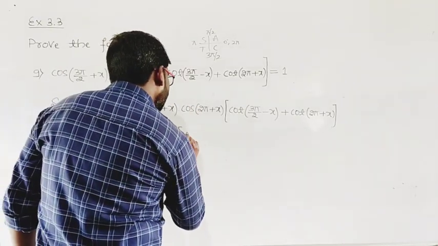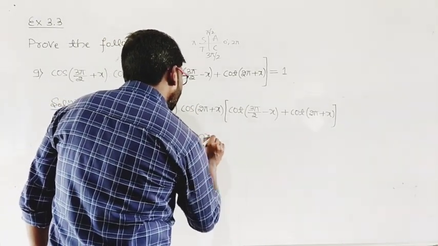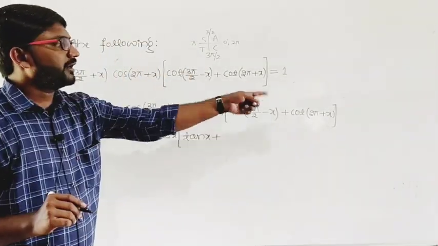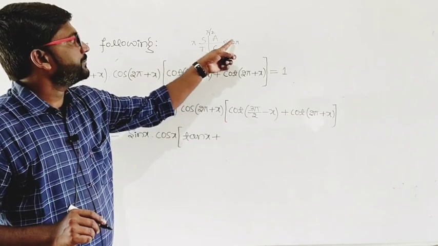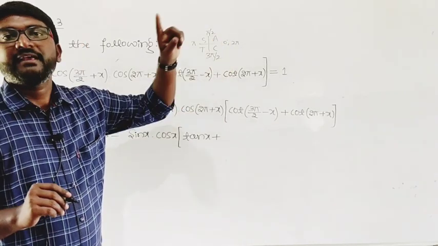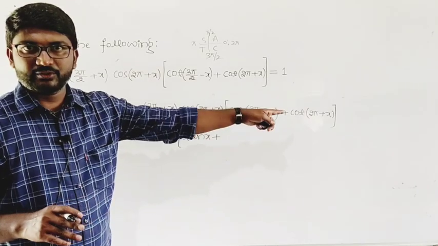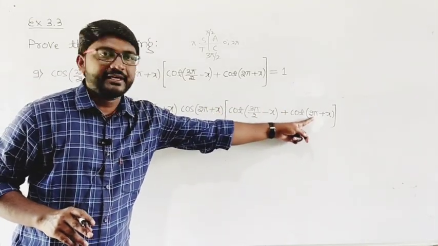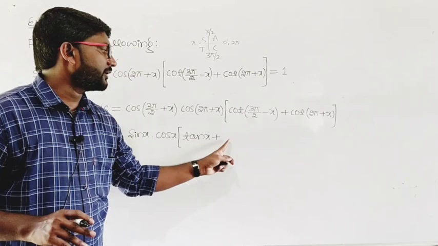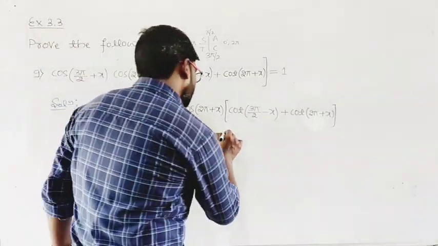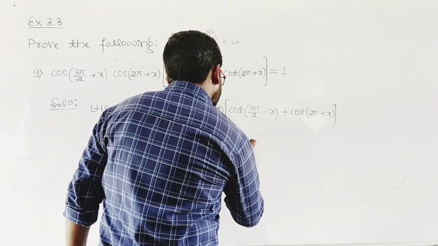So we write tan x, then plus cot(2π + x). 2π + x means it is the first quadrant, where all the trigonometric functions are positive. Since we have 2π, we retain cot as it is. So I write cot x.